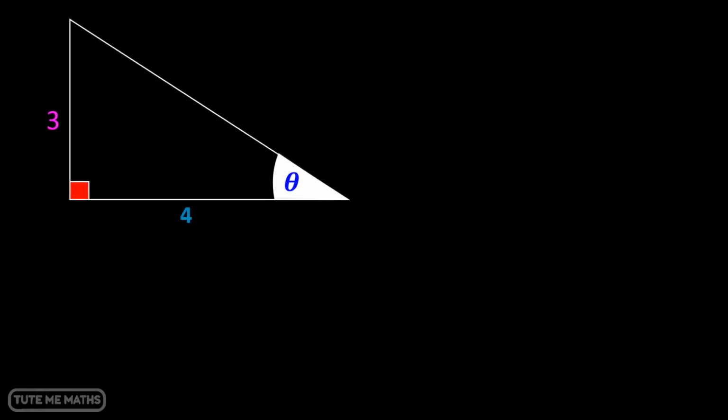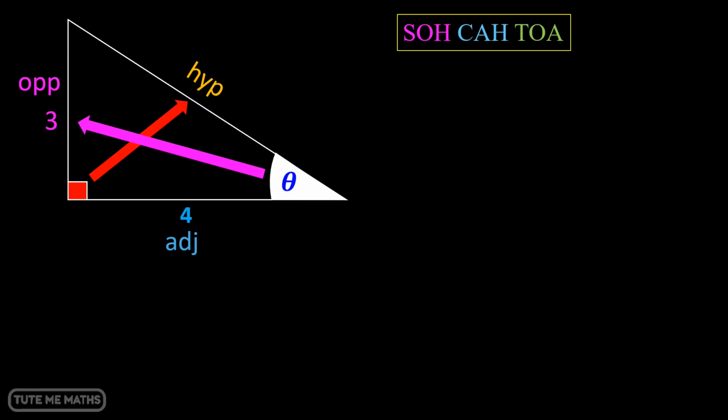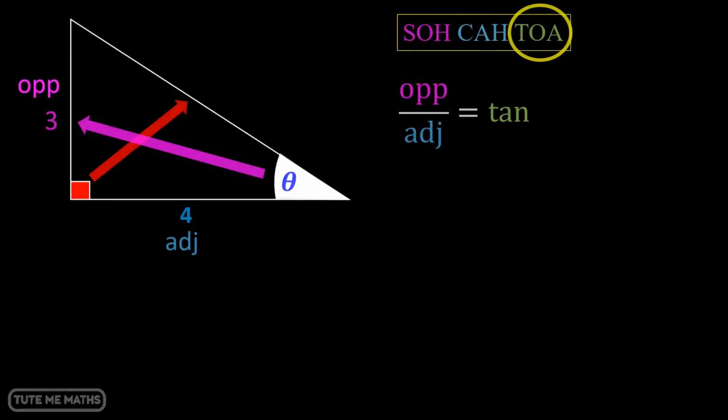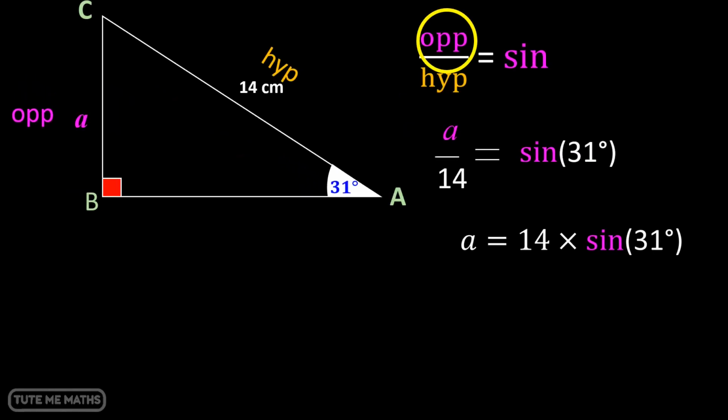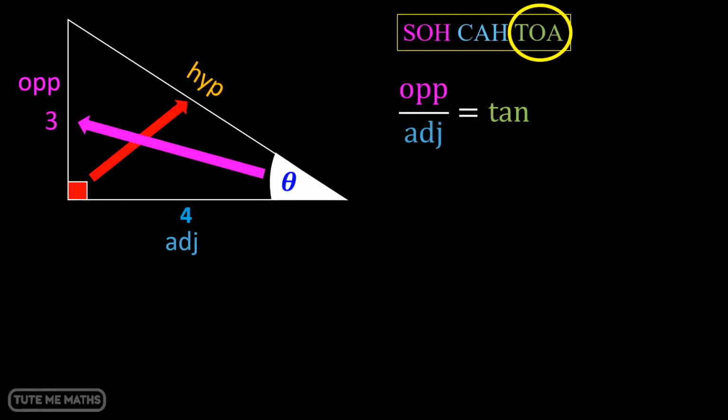Now let's do a couple of examples showing how to effectively communicate your method and solution. As always, it's best to start by labeling sides and determining the correct ratio. This time we have the tan ratio. In the last video, I wrote opposite on hypotenuse first, like this, since I was calculating a side and wanted the unknown value on the left-hand side of my equation.